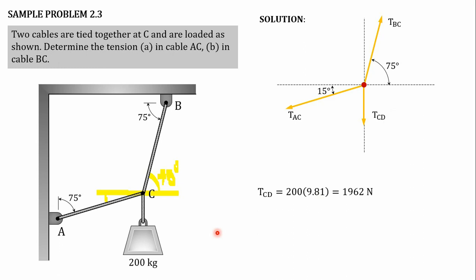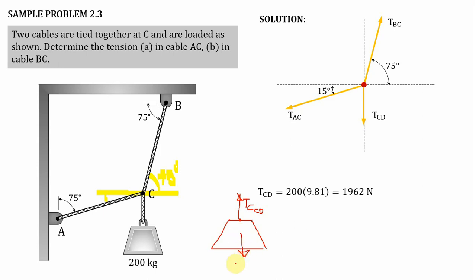Para maintindihan talaga, i-draw ko lang yung free body diagram niya. Ito yung ating 200 kg, kapag nag-draw tayo ng free body diagram, ito yung ating tension CD. And yung 200 kg niya is going downward because that is mass.